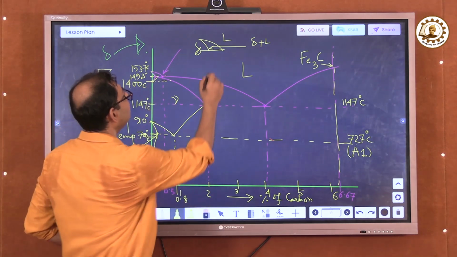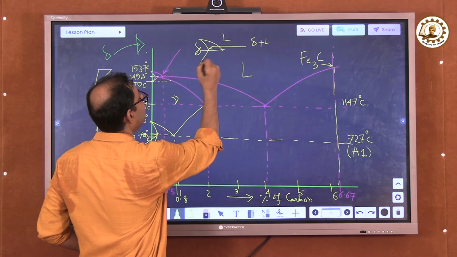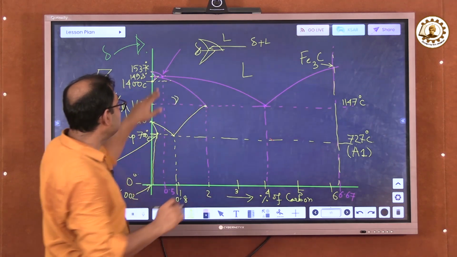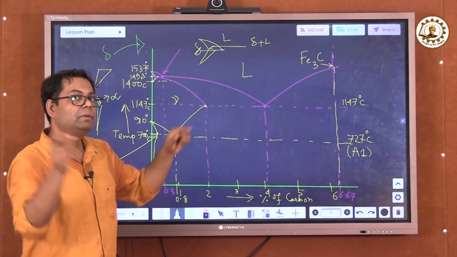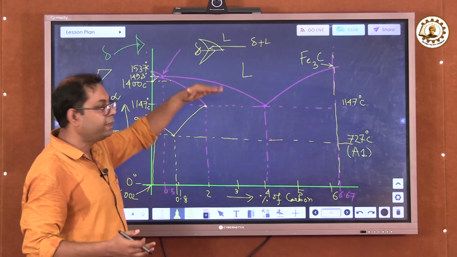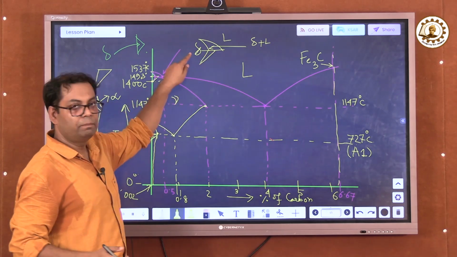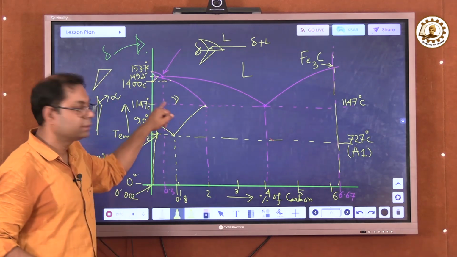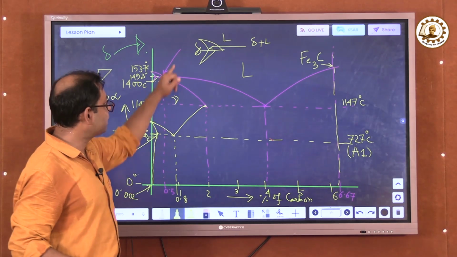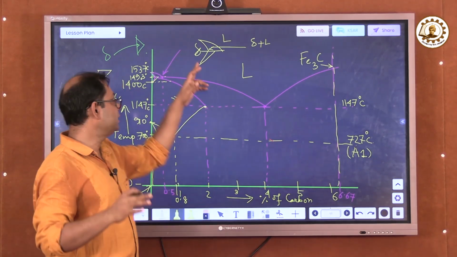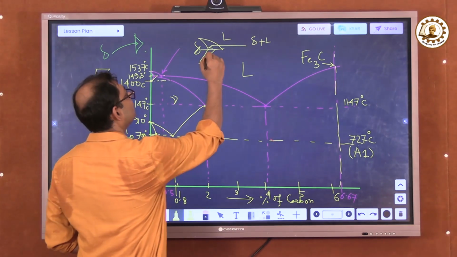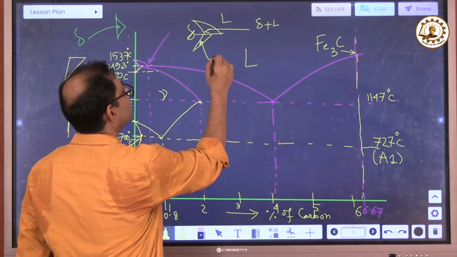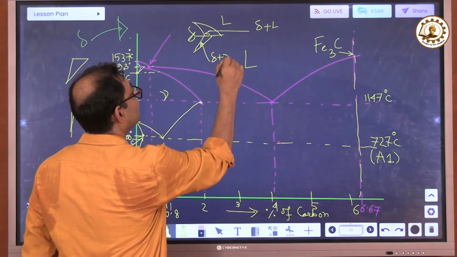Similarly, the inverted triangular shape which you will find over here. What is beside these two? One of them is the pure phase, delta ferrite, and the other over here is austenite. So it is a combination of these two, that is delta plus austenite, or delta plus gamma.